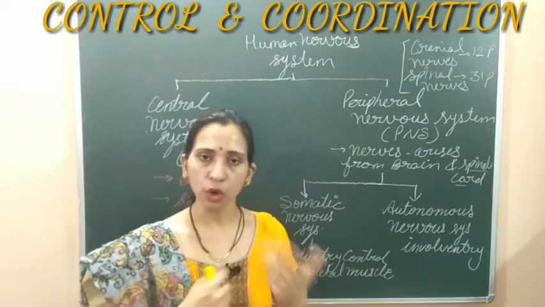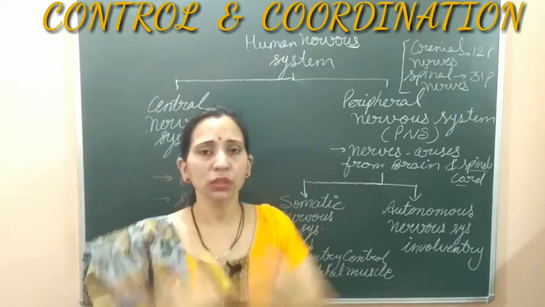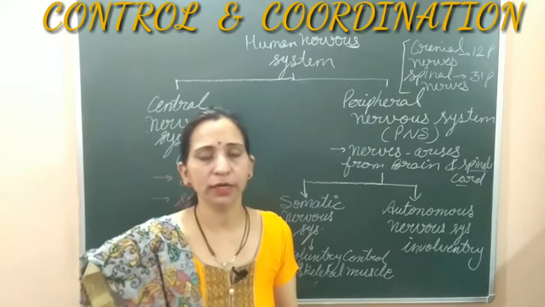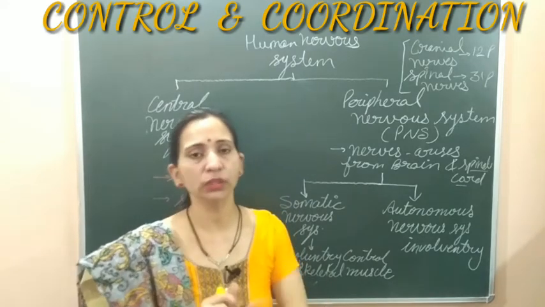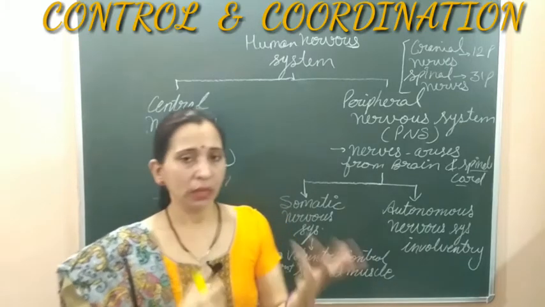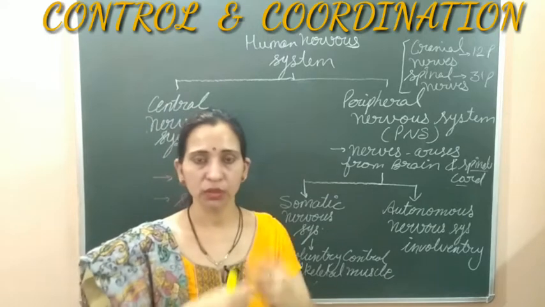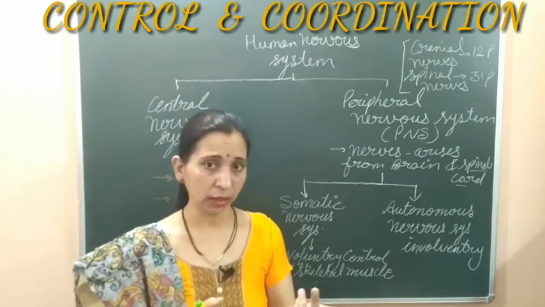These activities are not in our control. You have eaten food; after eating, can you stop it from being digested when it reaches the stomach or the intestine? We have no control. In the same way, sweating also. Can we control it?